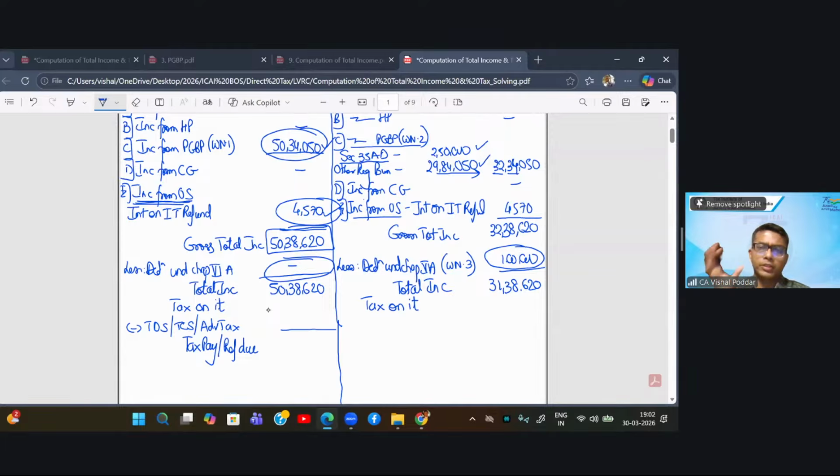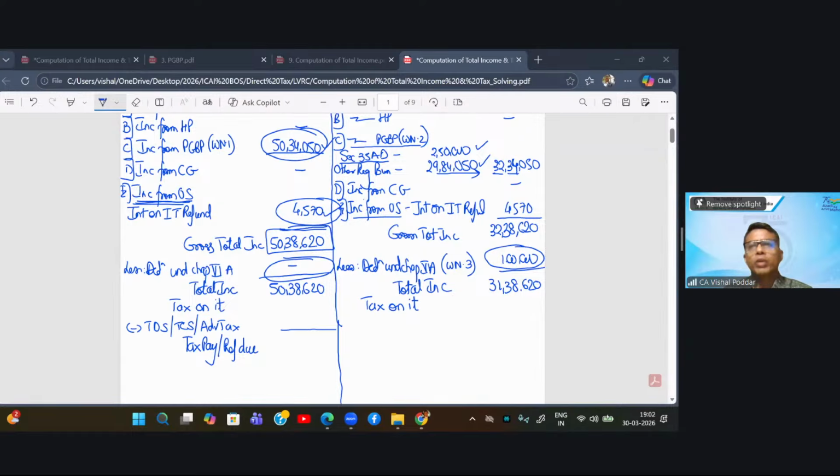Basically, the idea is that the new scheme removes all the special benefits given in the act in the form of special deductions, like additional depreciation and 35AD. All these have been removed from the new scheme to make it simple.